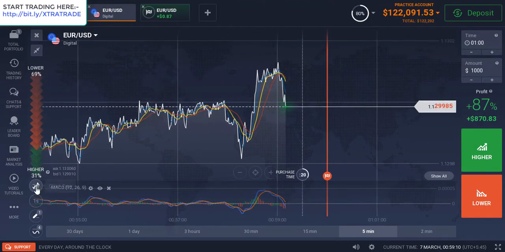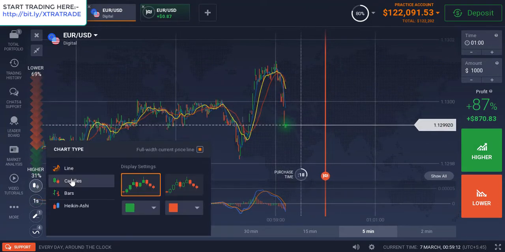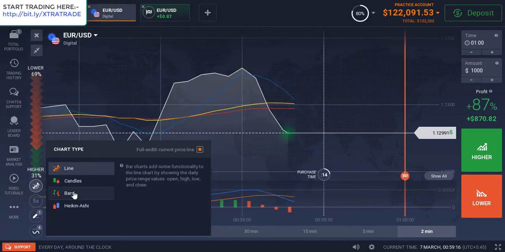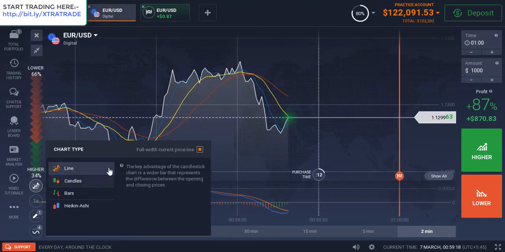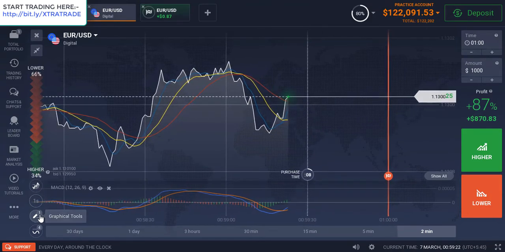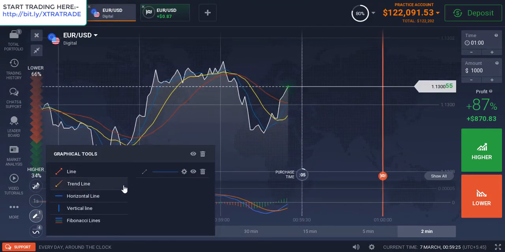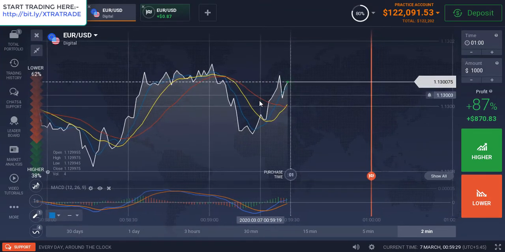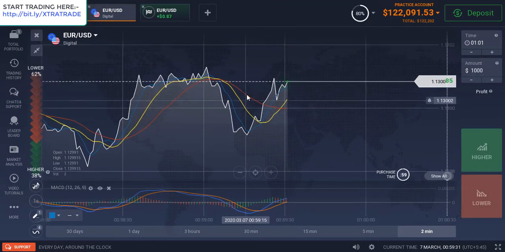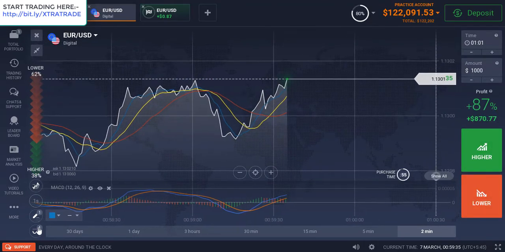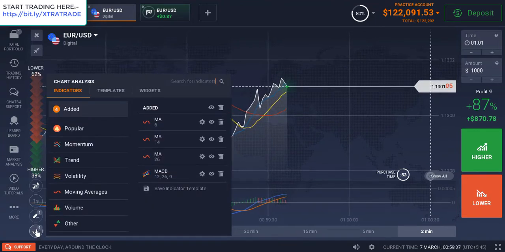Okay, so you can see the different types of charts. You can use candles or bars, whatever you find easy. For this case, I'm just using the line. Okay, so all the graphical tools, like trend lines, you can just go and insert, but you can see out here that I have this red, yellow, and blue line already inserted.